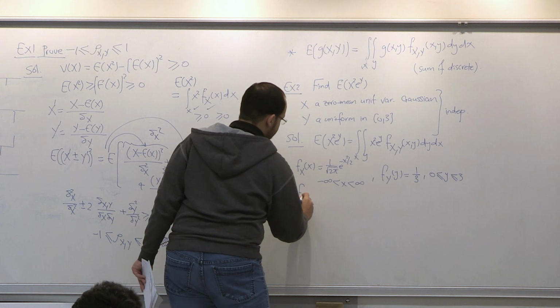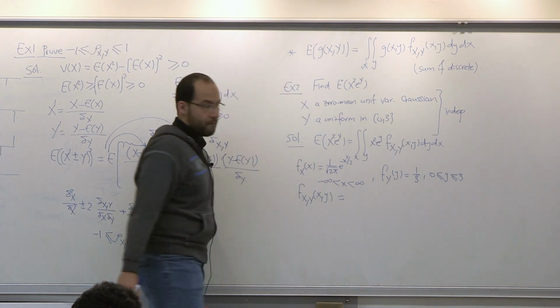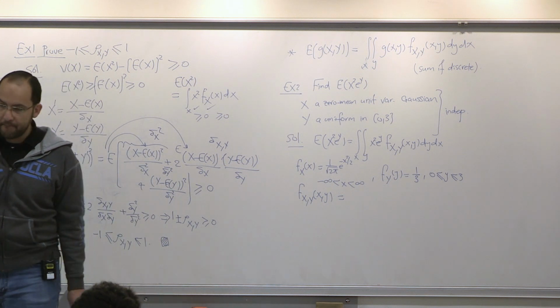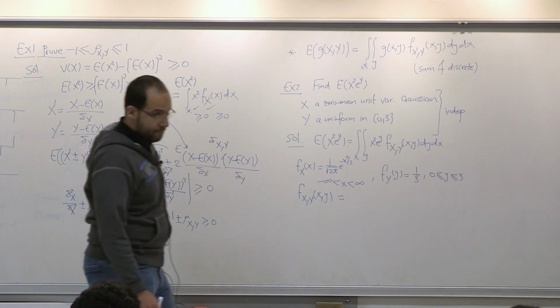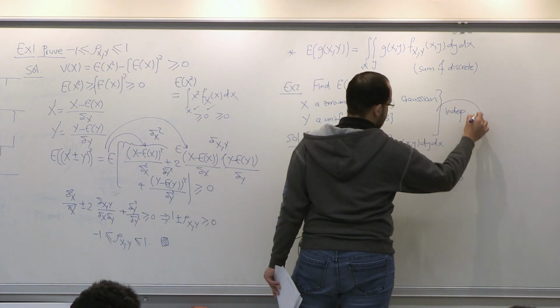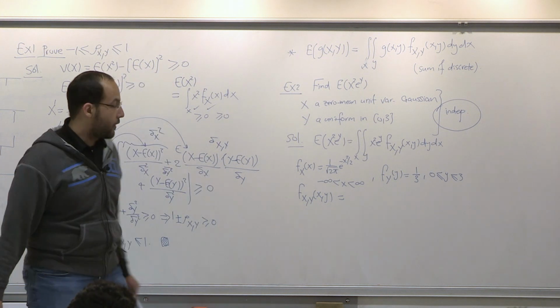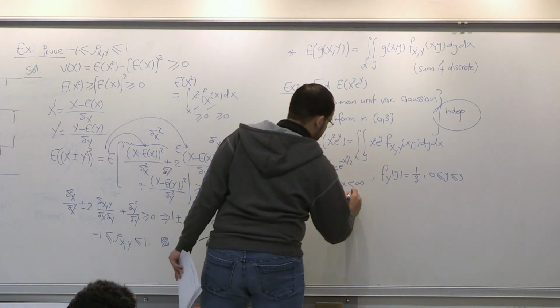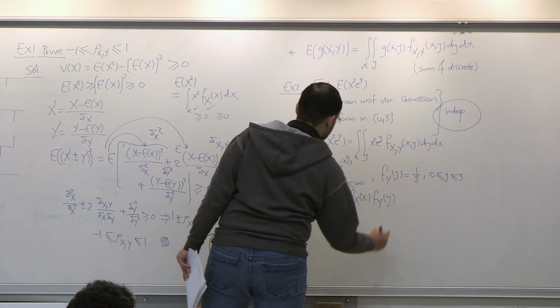Now, what is f_XY(x,y)? Multiplication of the two, exactly. Thank you. So f_XY(x,y) is f_X(x) times f_Y(y).